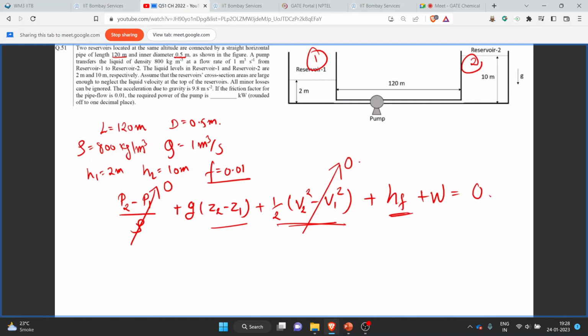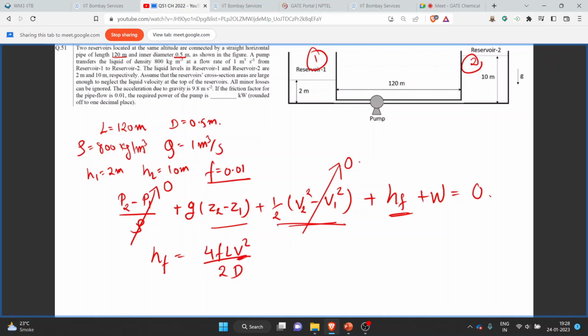So first let us calculate this friction loss. We can write it as 4FLV square upon 2D, where F is the friction factor, L is the length of the pipe, V is the average velocity, and D is the diameter of the pipe.